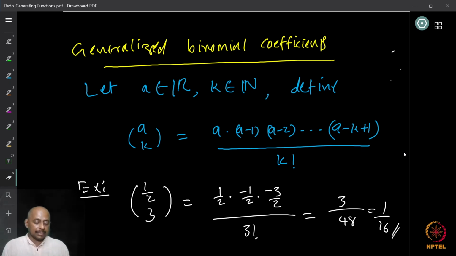Now, as an example, let us look at 1 by 2 choose 3. So what is 1 by 2 choose 3? It is 1 by 2 into 1 by 2 minus 1, which is minus 1 by 2, into 1 by 2 minus 2, which is minus 3 over 2, and divided by 3 factorial, which is 6. 6 into 8 is 48, so 3 by 48, which is 1 over 16.